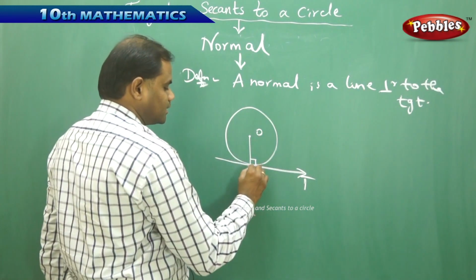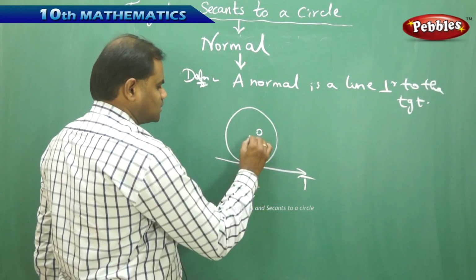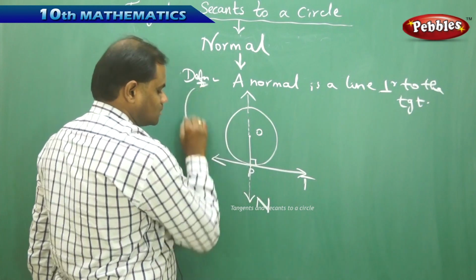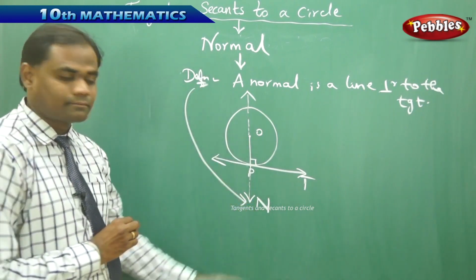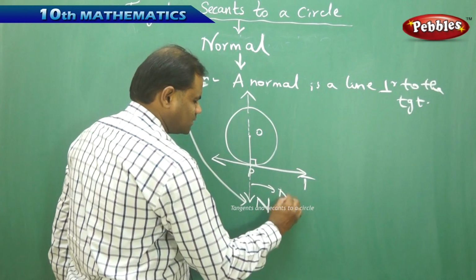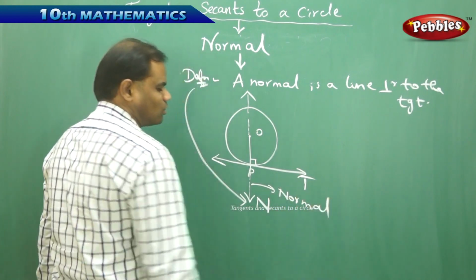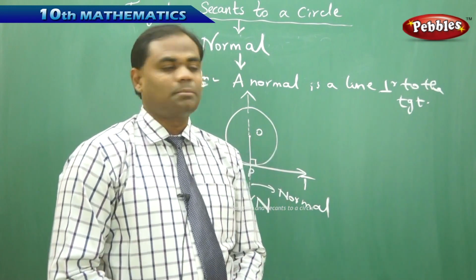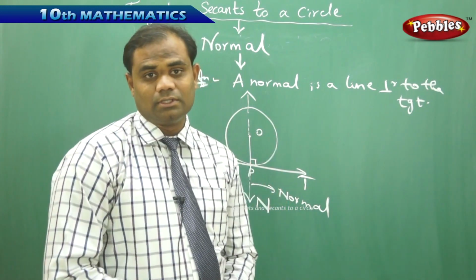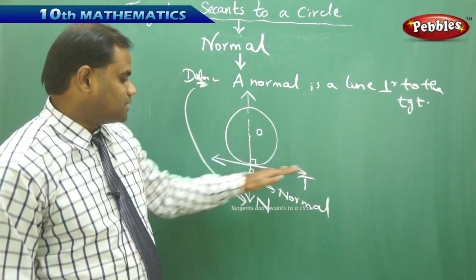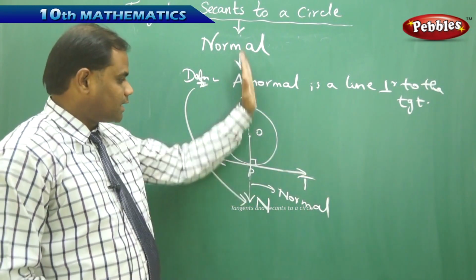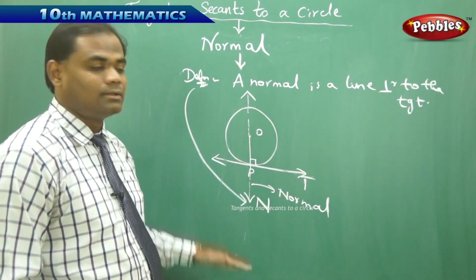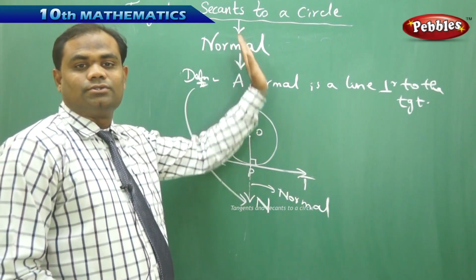Any line which is perpendicular to tangent and passing through the point of contact is called normal. Here, this is the tangent at P to the circle, and this line passing through the point of contact and perpendicular to the tangent is called the normal. The tangent is perpendicular to the normal.